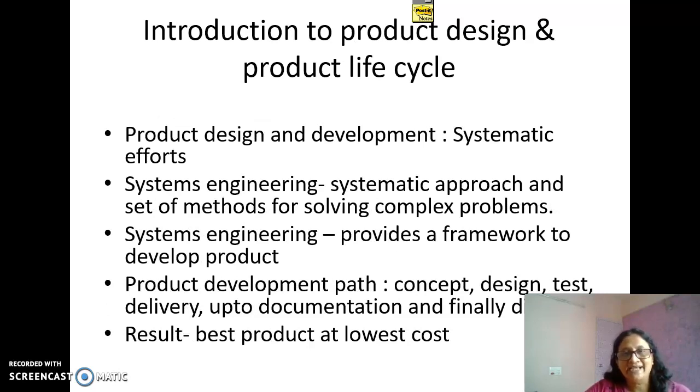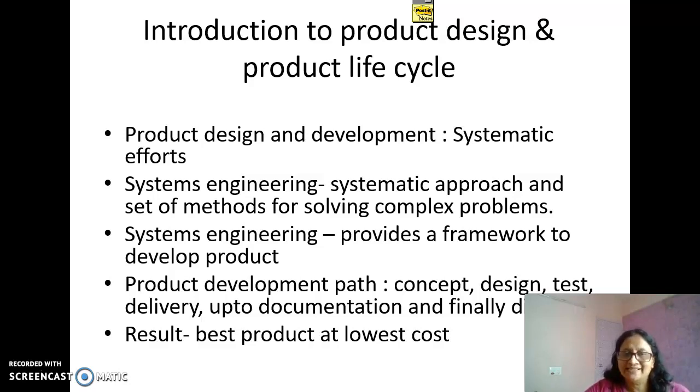Basically, the product design and development is nothing but it is a systematic effort. We call this systematic effort systems engineering. It is nothing but a systematic approach, attitude, and set of methods for solving complex problems in the real world.